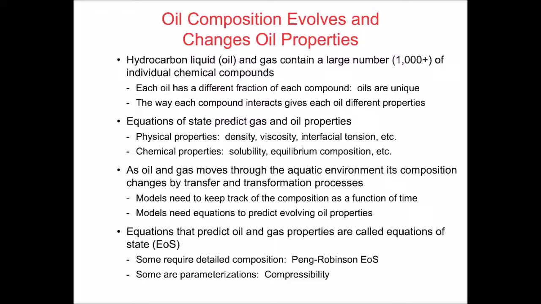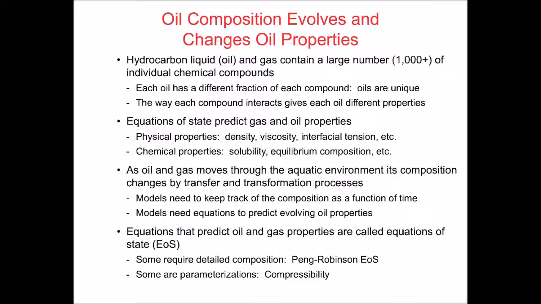So models we build to predict the fate of oil in the water column have to keep track of how the composition is changing and how that changing composition then affects the properties. So equations of state are very important for this. There are different options that we can use.